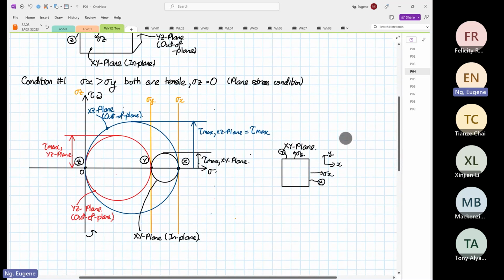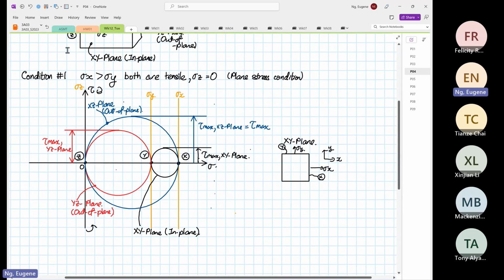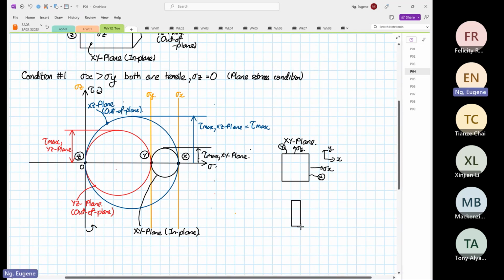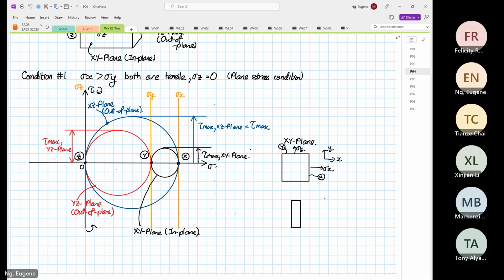Okay. So now when we draw our YZ plane, so now this is our YZ plane. So our Y has a normal stress Y. Our stress Z is equal to 0.